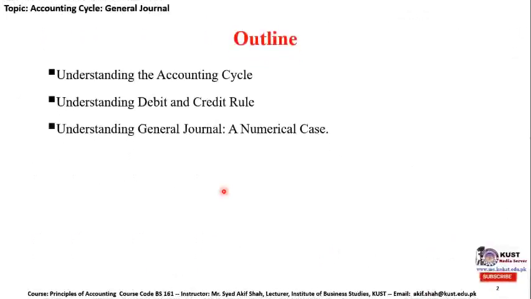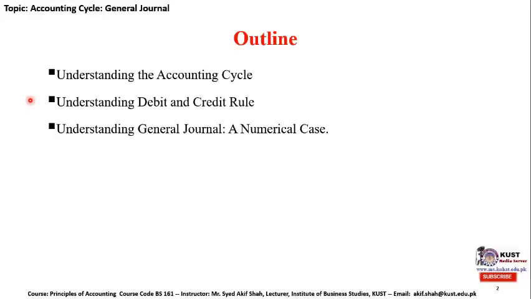The outline of this lecture consists of the discussion related to the accounting cycle, which we started from lecture number 17. We have to understand the debit and credit rules in detail, which is our second agenda.